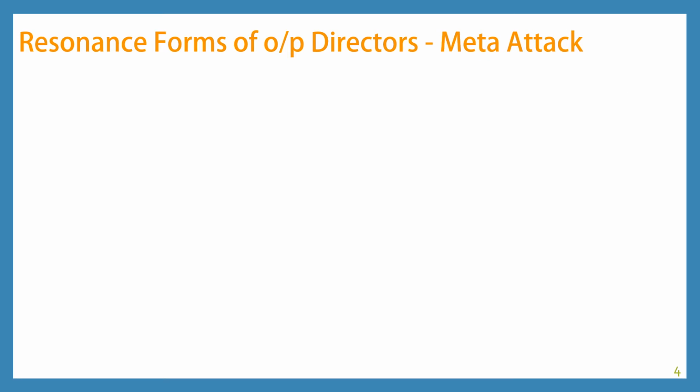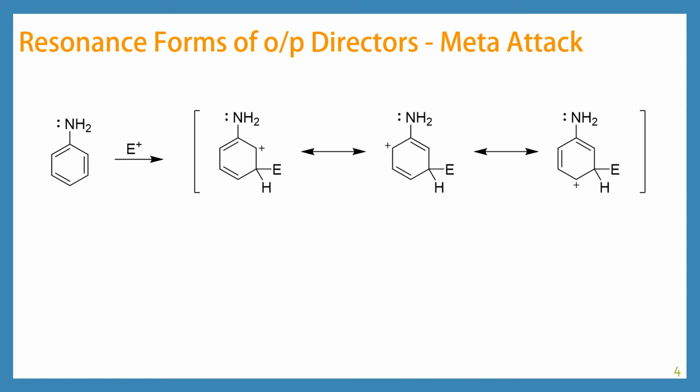Now, if you were to do a meta attack with an ortho-para director, we're going to take the exact same starting material, add an electrophile, and notice that I've put the electrophile in the meta position. This puts the carbocation ortho to the aniline, and we can move the electrons around the ring the same way that we did previously, until the carbocation is para to the aniline.